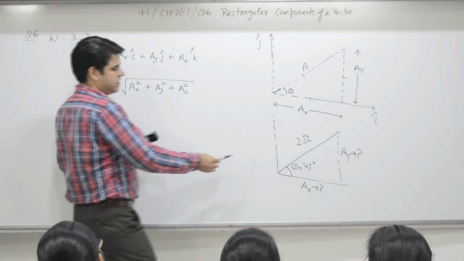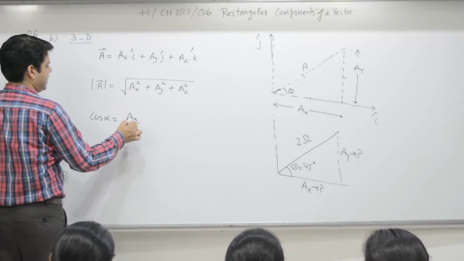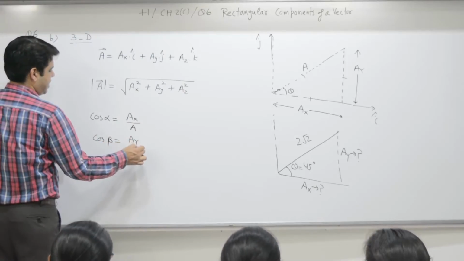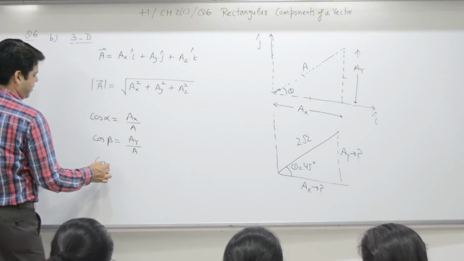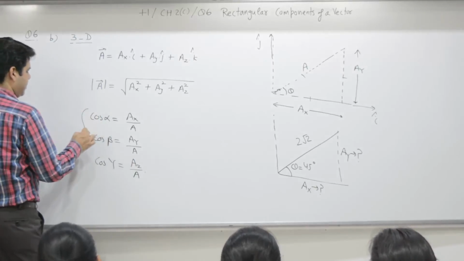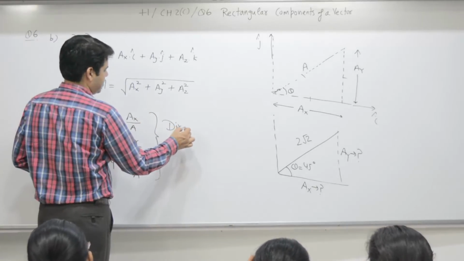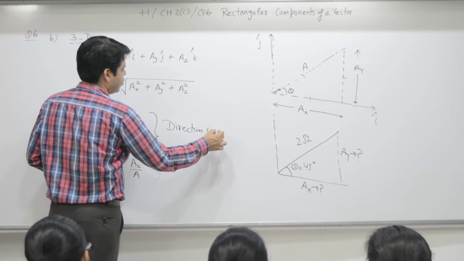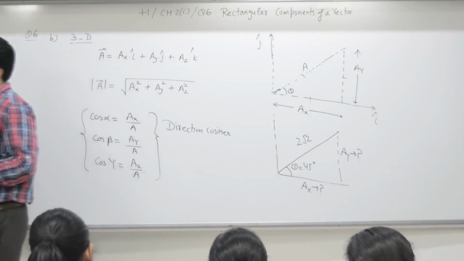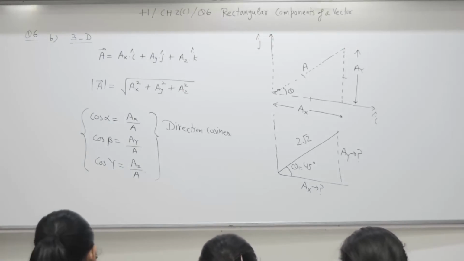For example, here cos theta was equal to Ax by A. Here also it is Ax by A. Cos beta, Ay by A. Cos gamma, Az by A. These are termed as direction cosines, not required in our case, required in mathematics, but just for the sake of definition. 3 minutes to complete.